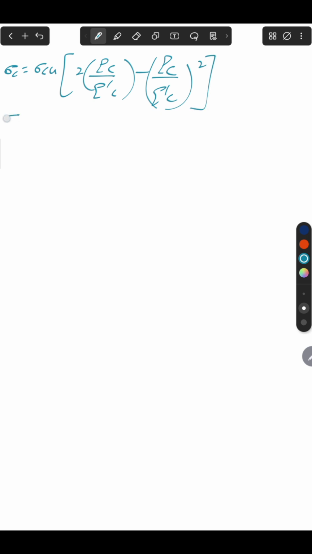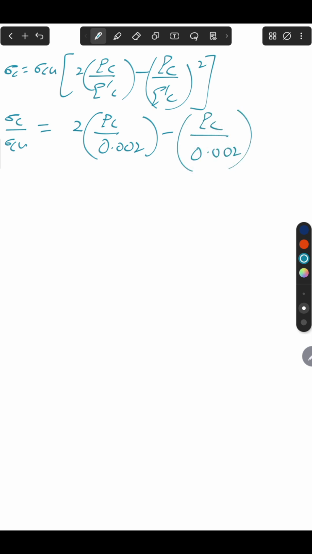Now it becomes sigma c by sigma cu equals 2 epsilon c by 0.002 minus epsilon c by 0.002 whole square. On solving this, we get sigma c by sigma cu equals 1000 epsilon c minus 250,000 epsilon c square.